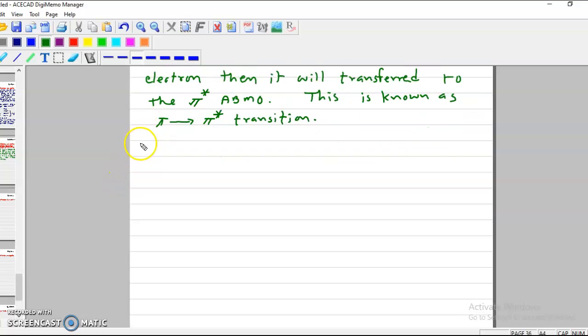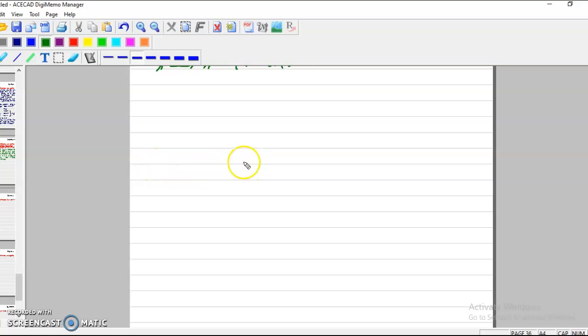Let us see the figure. Carbon and carbon may have a double bond. Then there are two pi electrons.